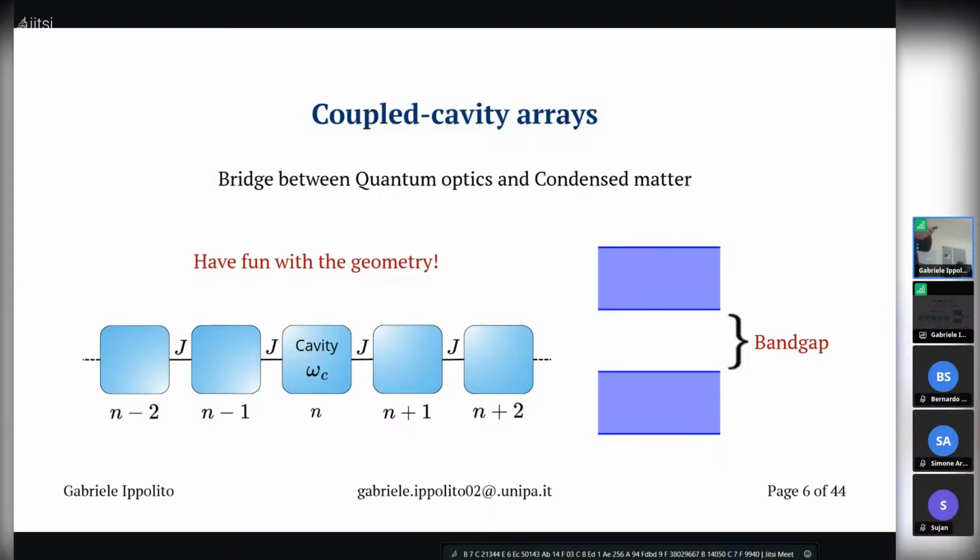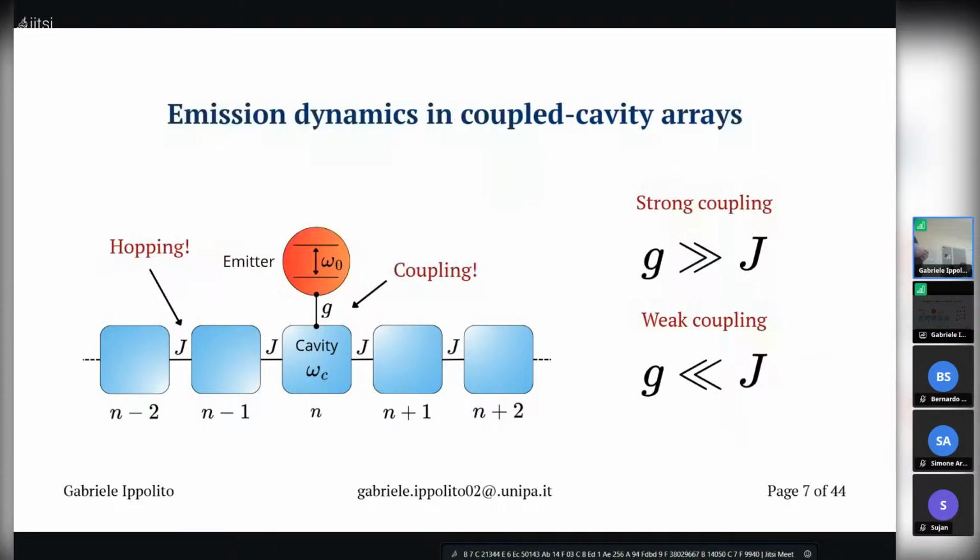And the problem we are interested to study is the emission dynamics in coupled cavity arrays. In particular, we have one emitter whose atomic frequency is labeled here as omega 0, and this emitter is placed inside one cavity of the coupled cavity array. And there are two important parameters here.